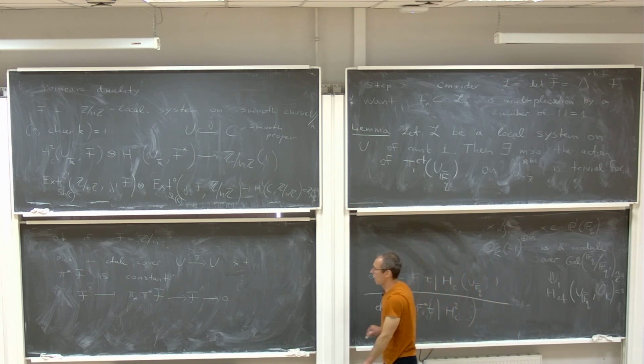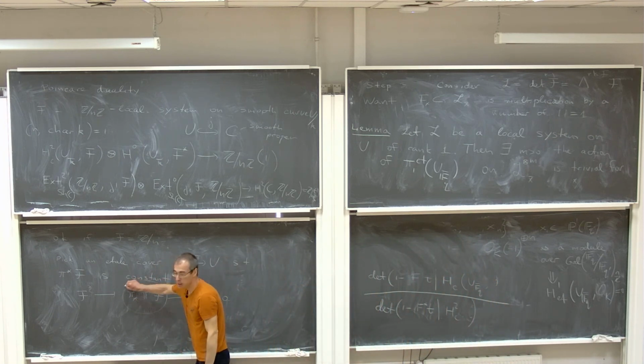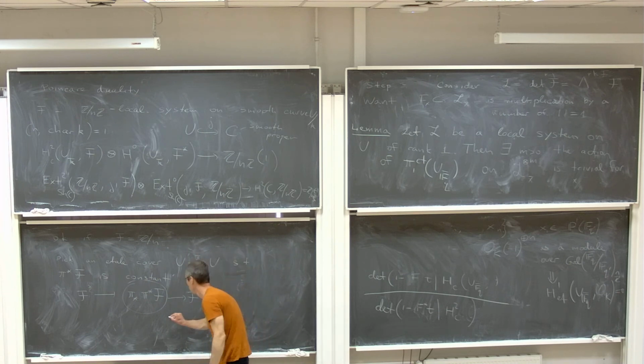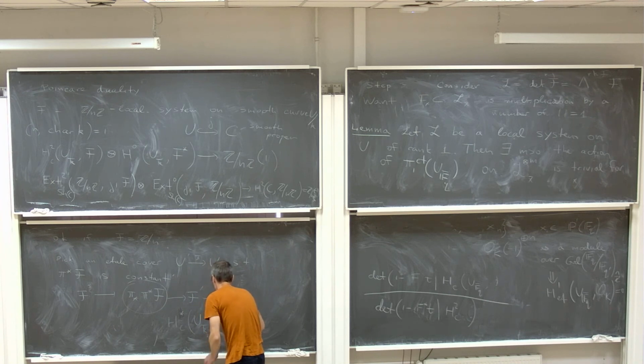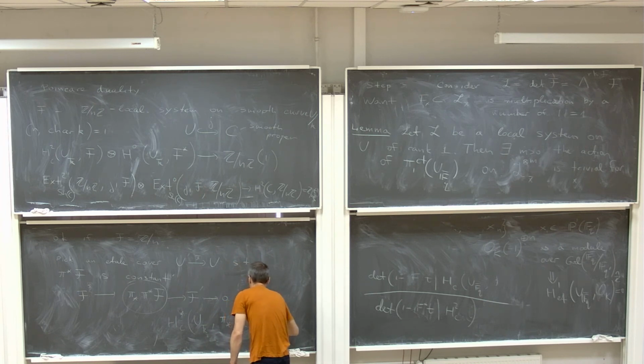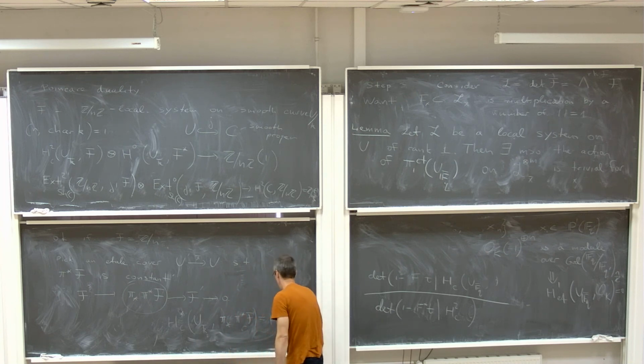Okay? So now, homology of this guy is easy to compute, because the homology of U_k̄ with coefficients in π_* π^* F is just homology of this cover with coefficients in a constant local system. Right?